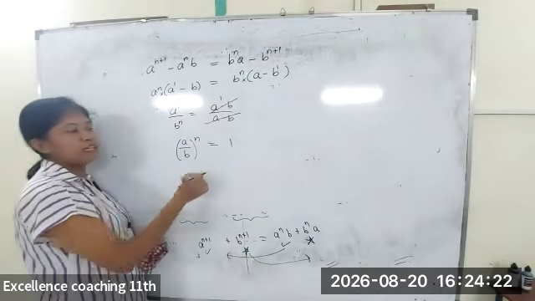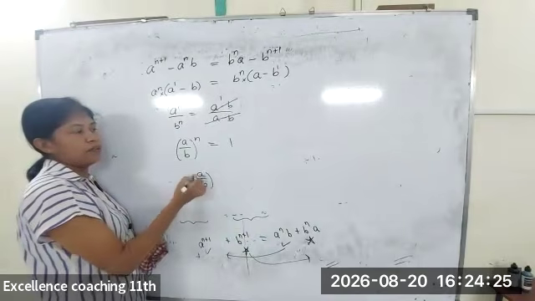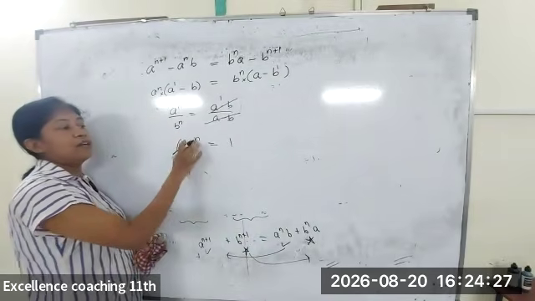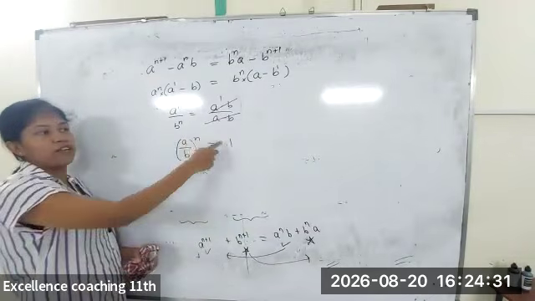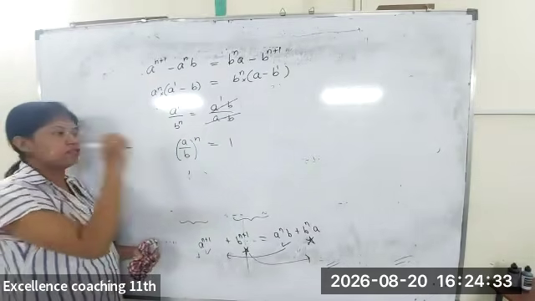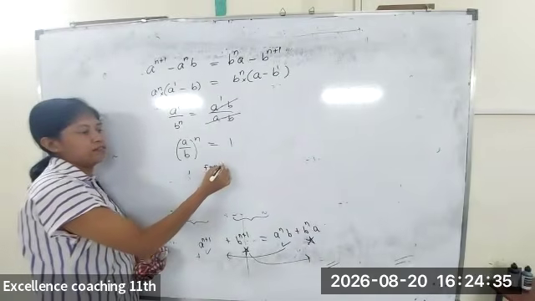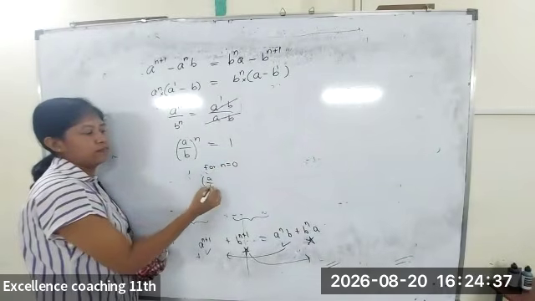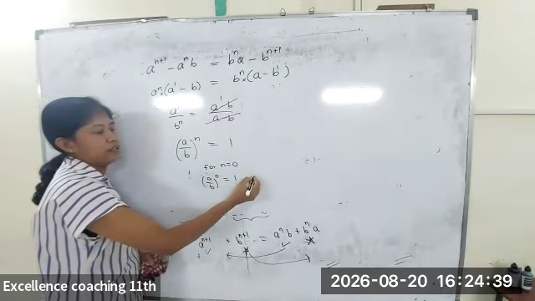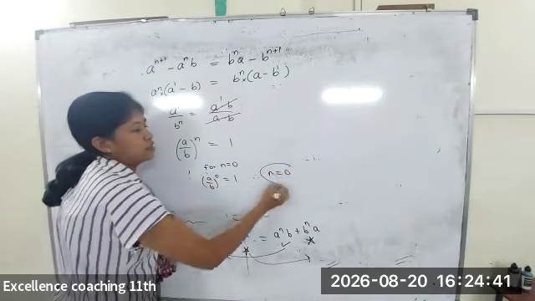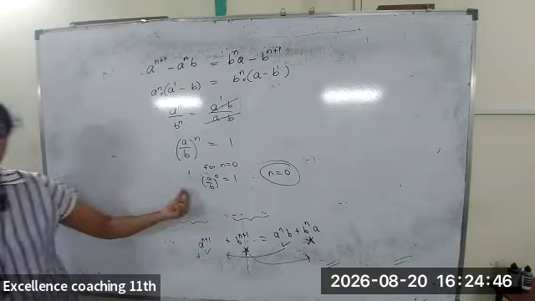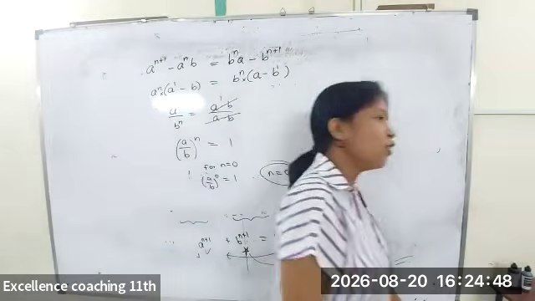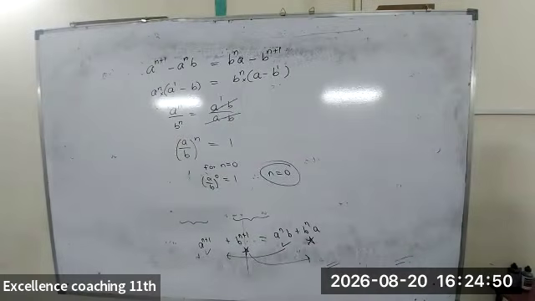This also has to be written in terms of a upon b. What value of n will give you 1? n has to be what value so that you get 1 here? 0. So this is the answer. They had asked you to find the value of n, so n is 0. We did all this to get the value of n as 0.